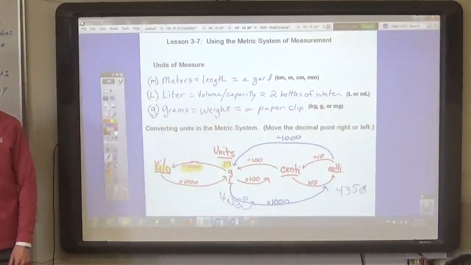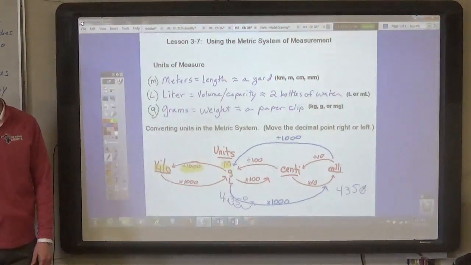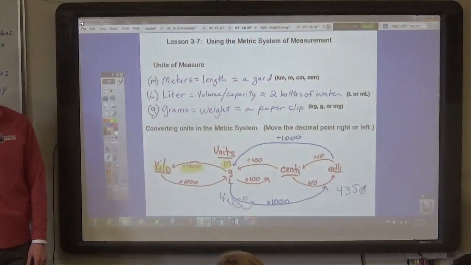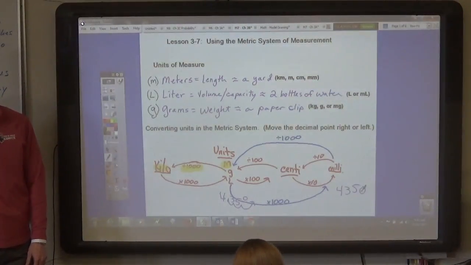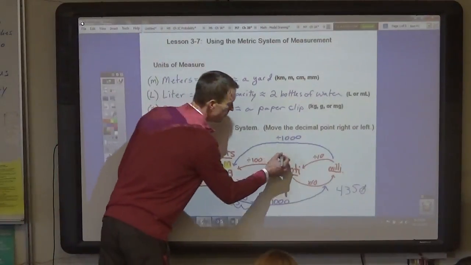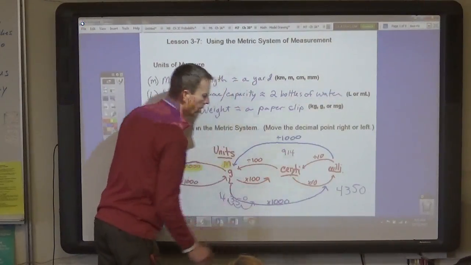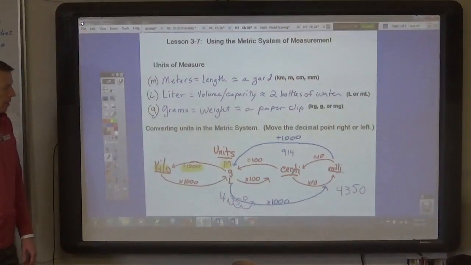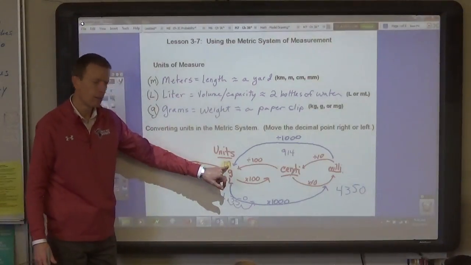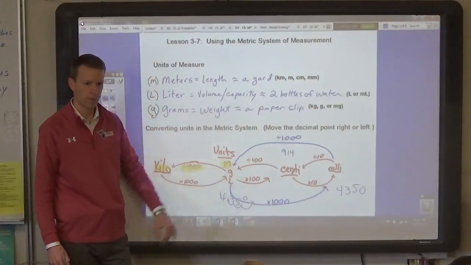Let's look at the next example, centimeters to meters. Example, letter B in that one. 914 centimeters is how many meters? Find the arrow that goes from centimeters to meters.